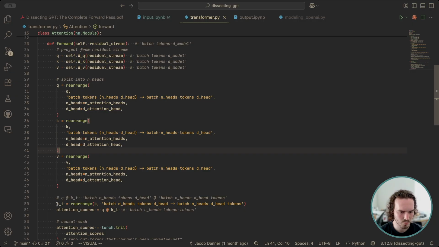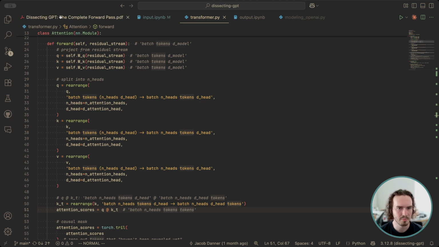And so we do a similar thing here where we're rearranging to transpose so that our keys is now transposed. And then we calculate our attention scores by multiplying here like this, and we end up with the shape batch, n_heads, and importantly tokens by tokens.